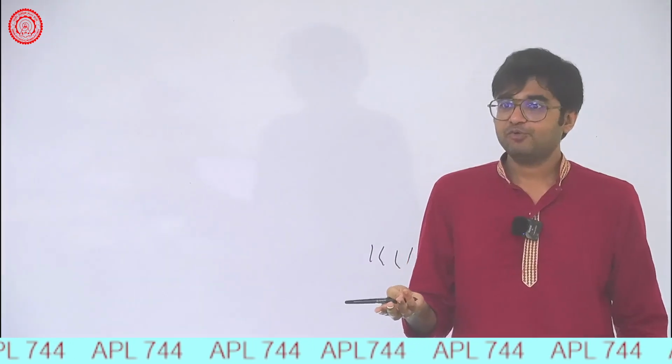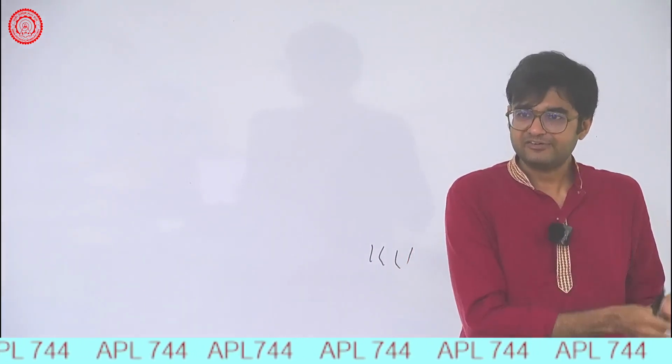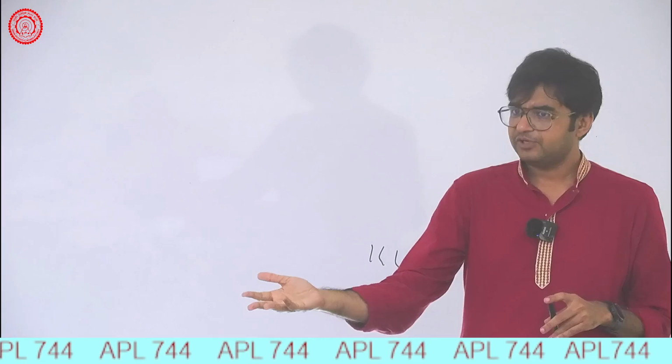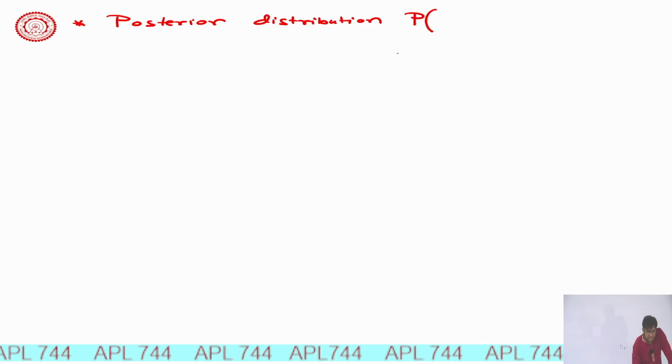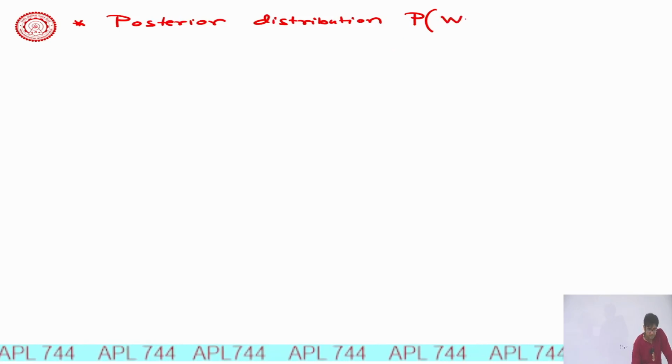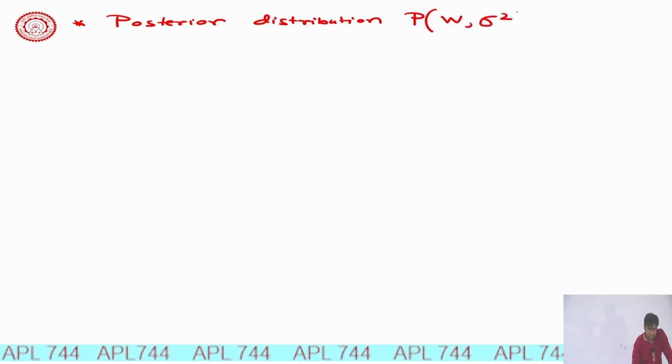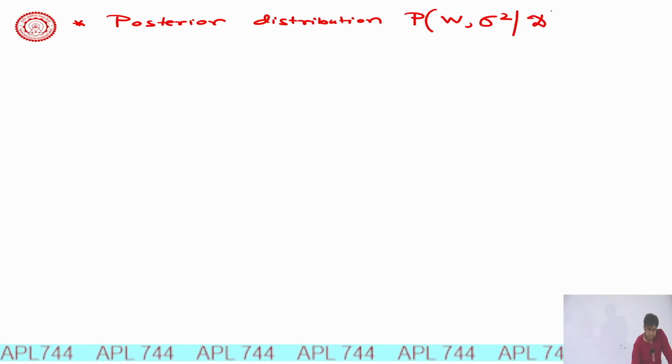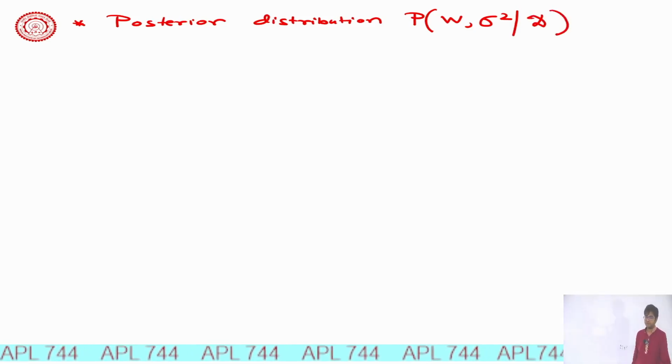The Bayesian way of doing things is that whatever is unknown is uncertain, is to be treated in a probabilistic sense, and is to be inferred using Bayes law. So the posterior distribution I want to compute is W comma sigma square given data.